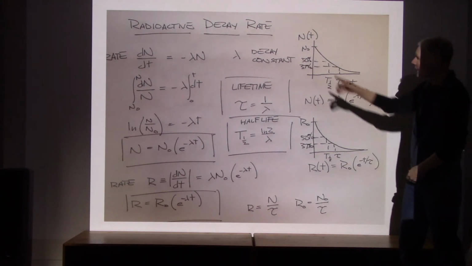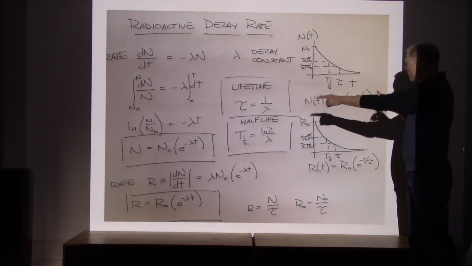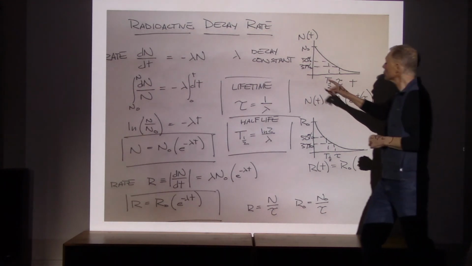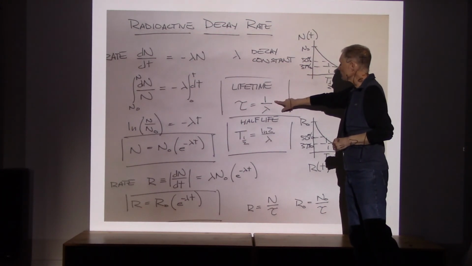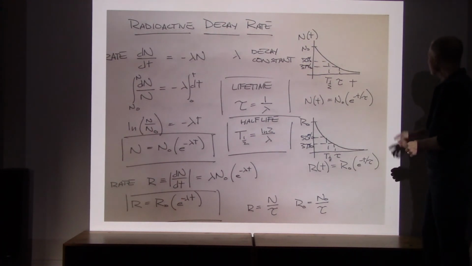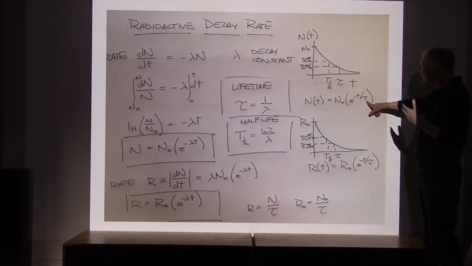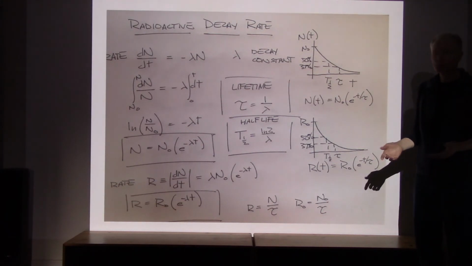All right, and that came from carrying out this integration. Now, between there and here, I've switched out of the decay constant, and I am now using the lifetime, which is the inverse, and my justification for that was that this is the standard way we represent exponential functions.